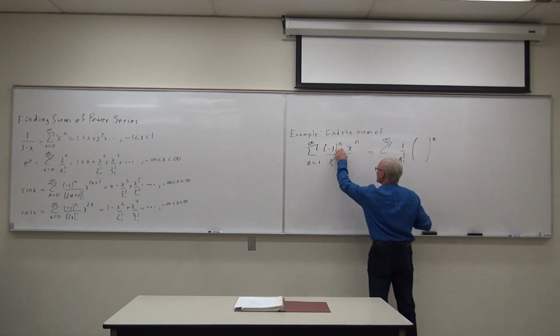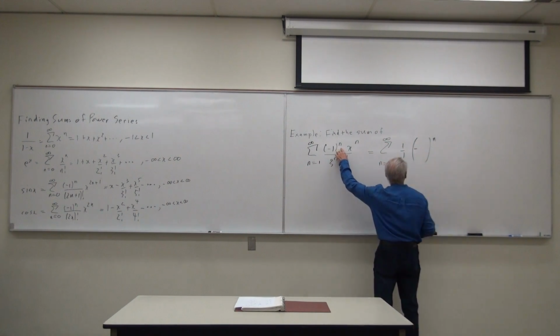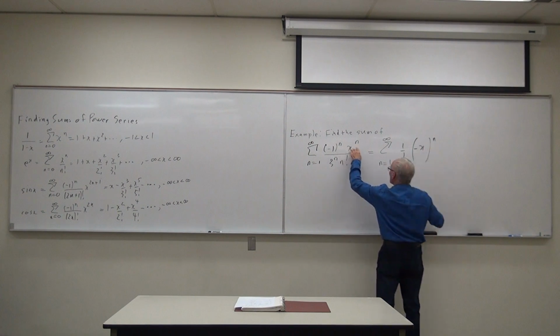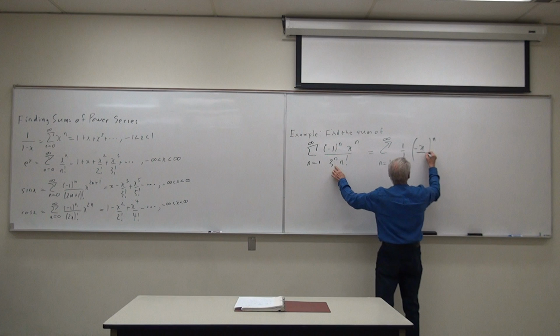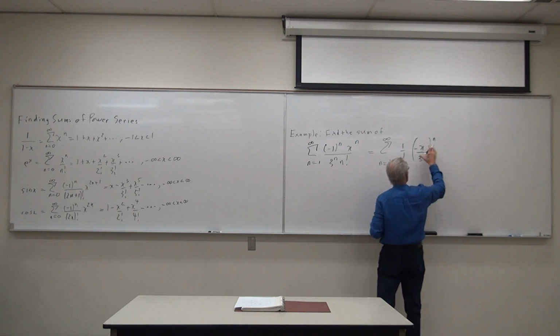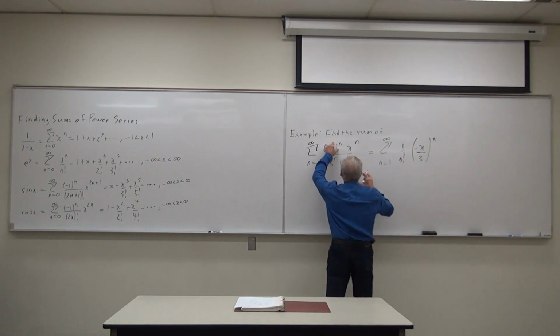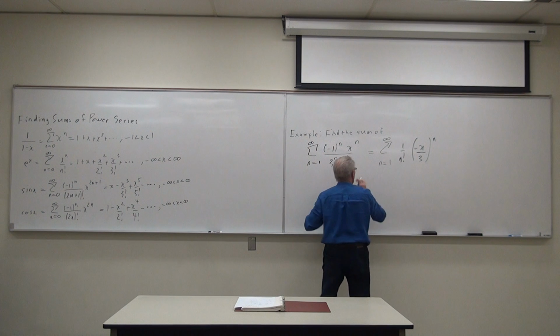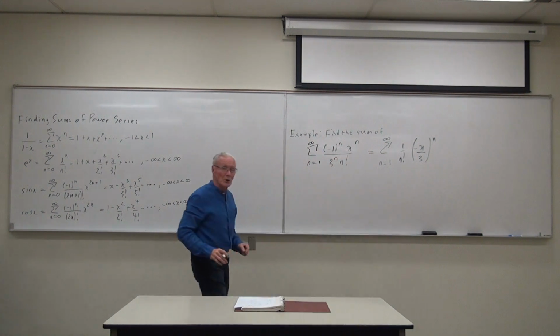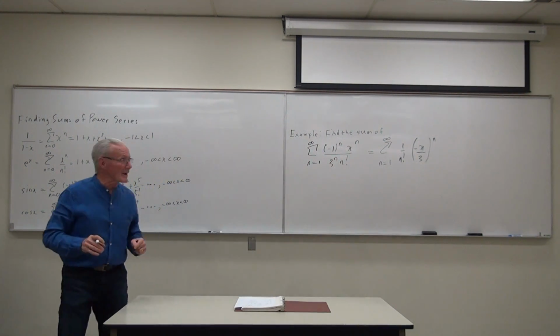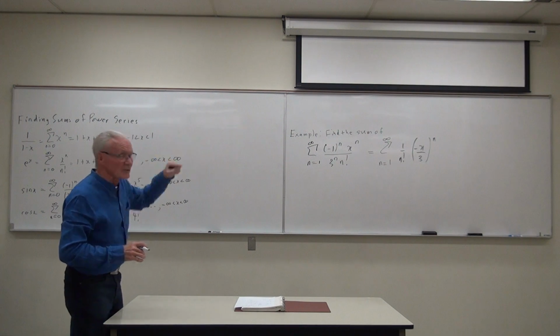Well, I've got a minus 1 to the n here. I think I should have a minus. That will take care of that guy. I will put an x here. That will take care of that guy. And I'll put a 3 here. So agree that if you do that, you get this one, you get that one, and you get that one. So it's looking good. It's beginning to look then like e to the minus x over 3.